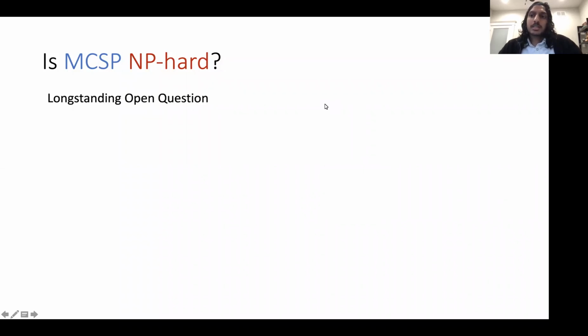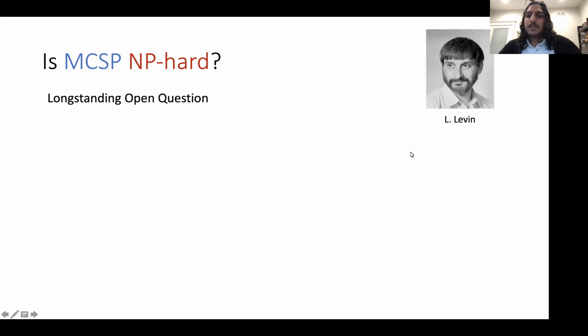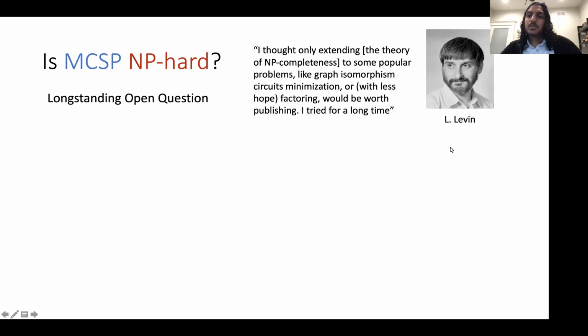It turns out that this is a very old open question in some sense. People were studying MCSP in the 50s in the Soviet Union. They were interested in this problem. And in fact, it was such a prominent problem in the Soviet Union that when Levin proved his version of the Cook-Levin theorem, he has this quote.